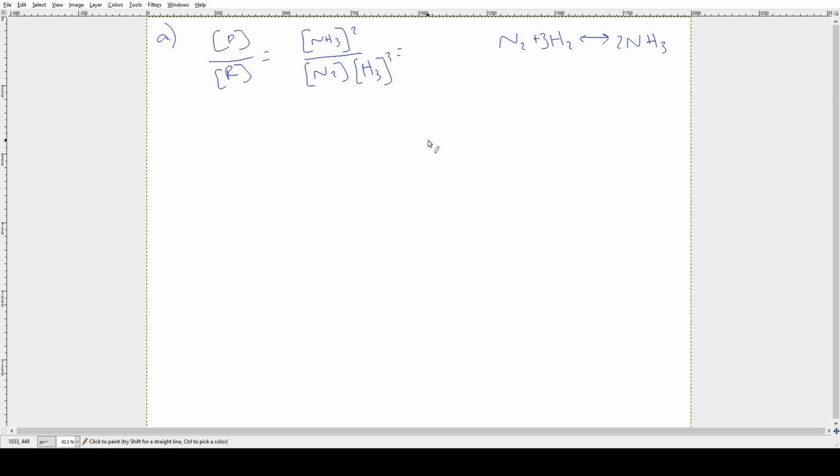Now you're going to plug in the concentrations they gave you, so we'll have K equals 3.1 times 10 to the negative 2 molarity.